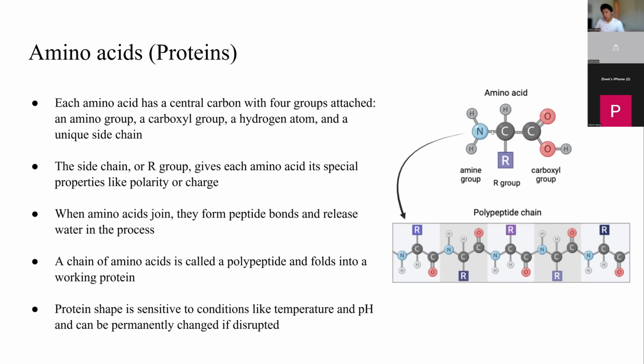The bond between every single amino acid that links them together to become a polymer is known as a peptide bond. So as you see right here in the bottom, the carboxyl group has given up an oxygen and a hydrogen, and the amine group has given up a hydrogen.